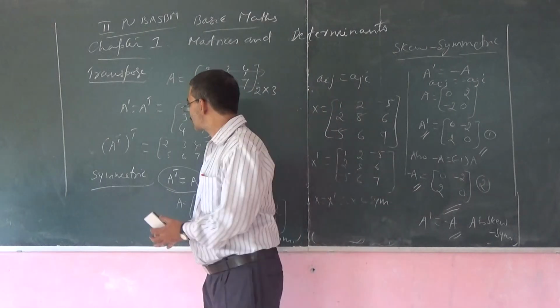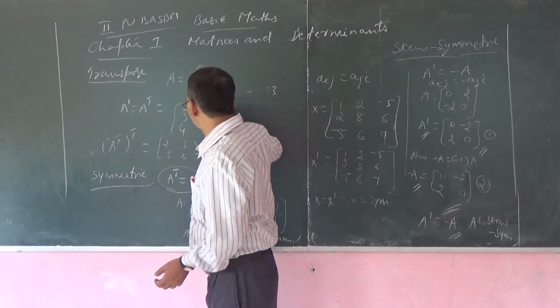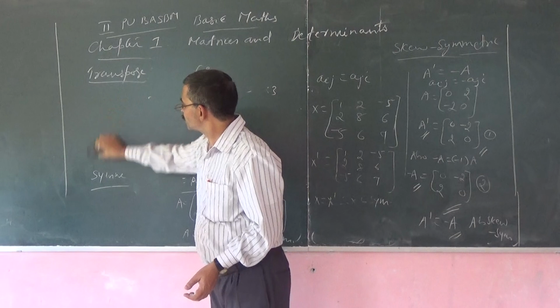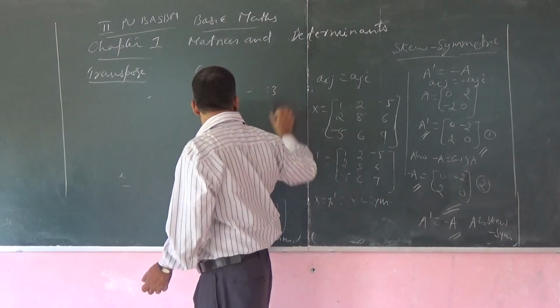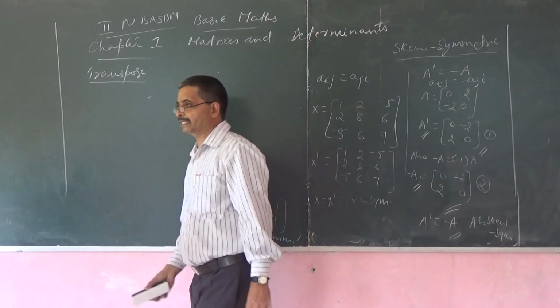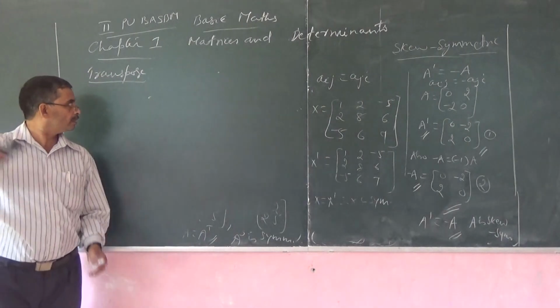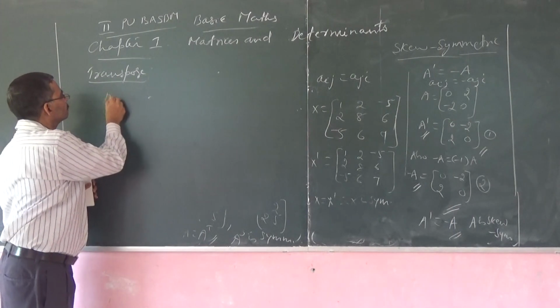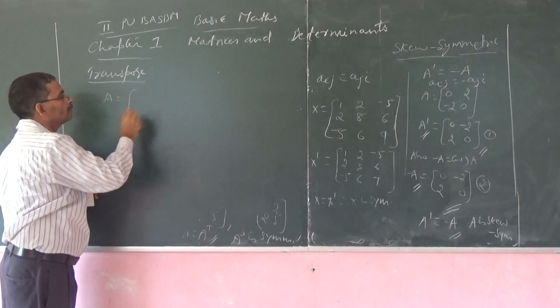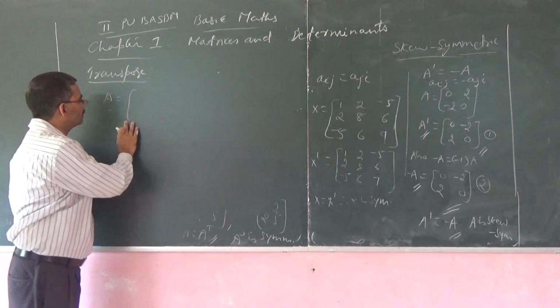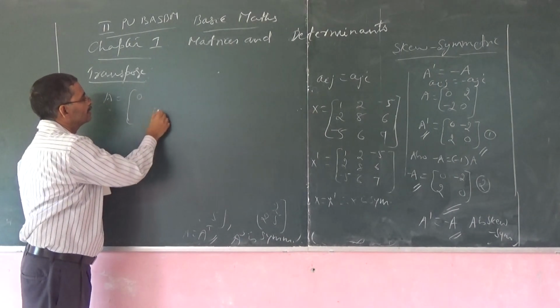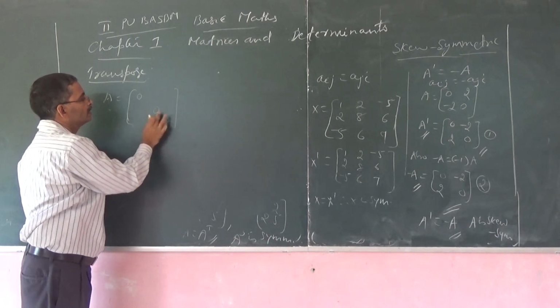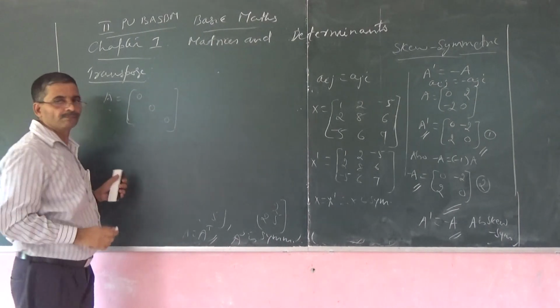One more example I will give you of order 3 for skew symmetric. Let A equal to, so I will write some elements. Diagonal elements always 0. 3 by 3 order I am writing. So remember, diagonal elements you can write 0 only.